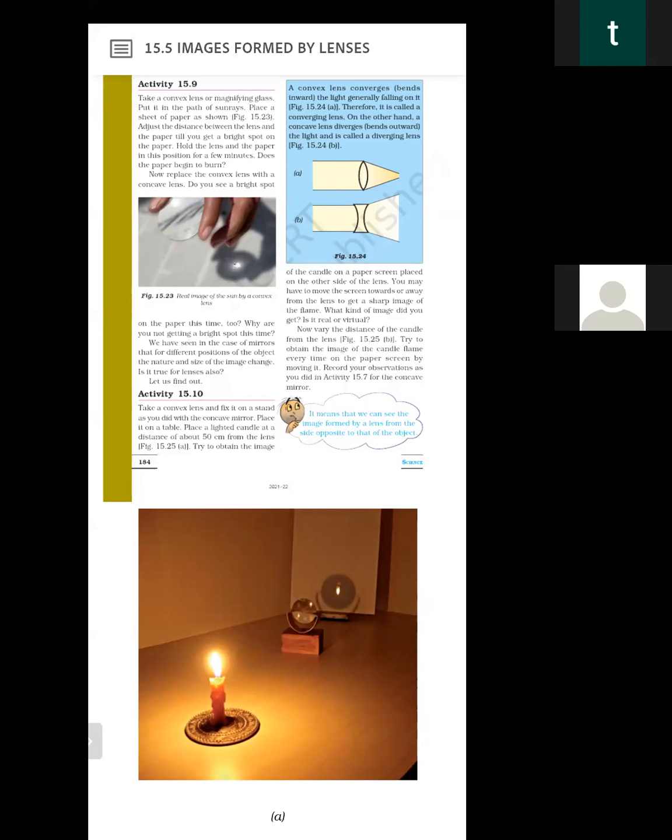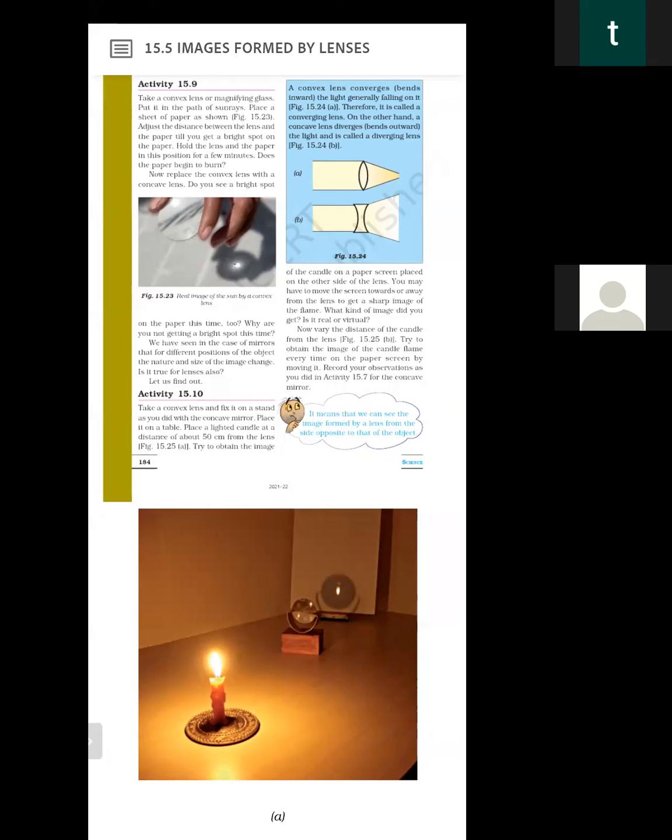Try to obtain the image of the candle on a paper placed on the other side of the lens. You may have to move the screen towards or away from the lens to get a sharp image. We can adjust the candle flame by moving the candle towards or away from the lens, or we can adjust the screen by moving it towards or away from the lens so that we can obtain a sharp image. Now vary the distance of the candle from the lens.